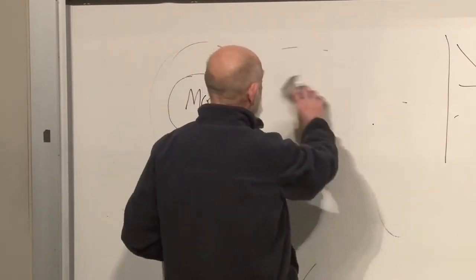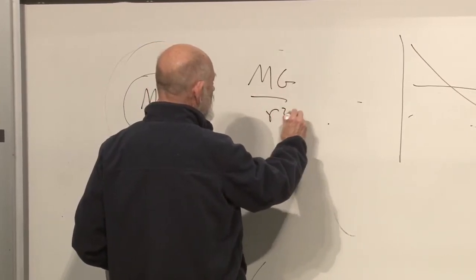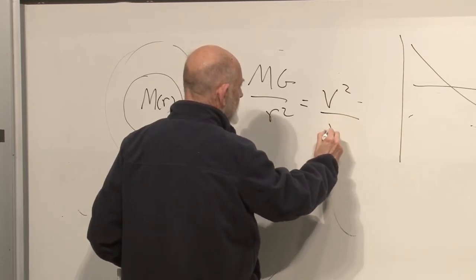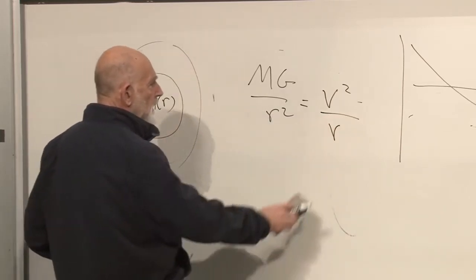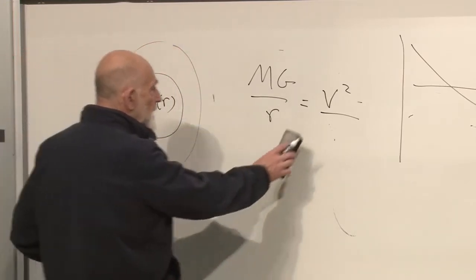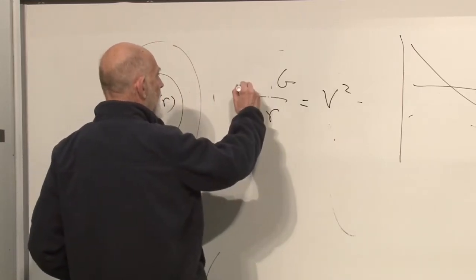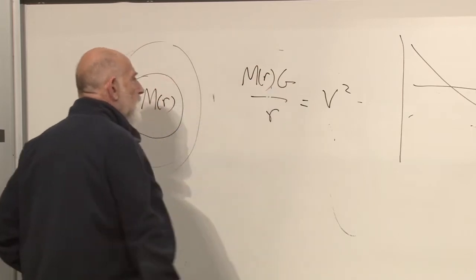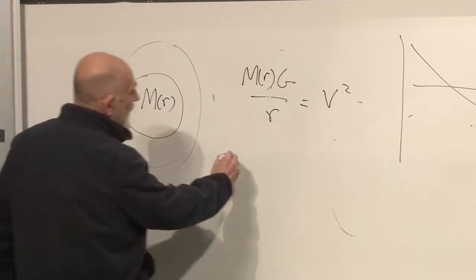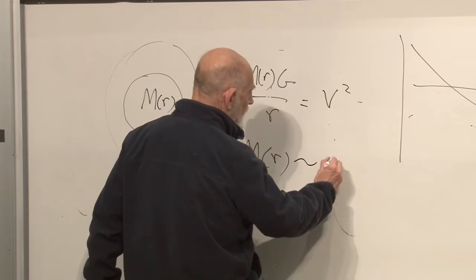And in that case, let's put back the equation. It's m g over r squared equals v squared over r. Let's multiply it by r, and now say that v is constant. We put here now m of r, not just m, but m of r. V is constant, doesn't change with distance, and therefore we find that m of r must grow like r.